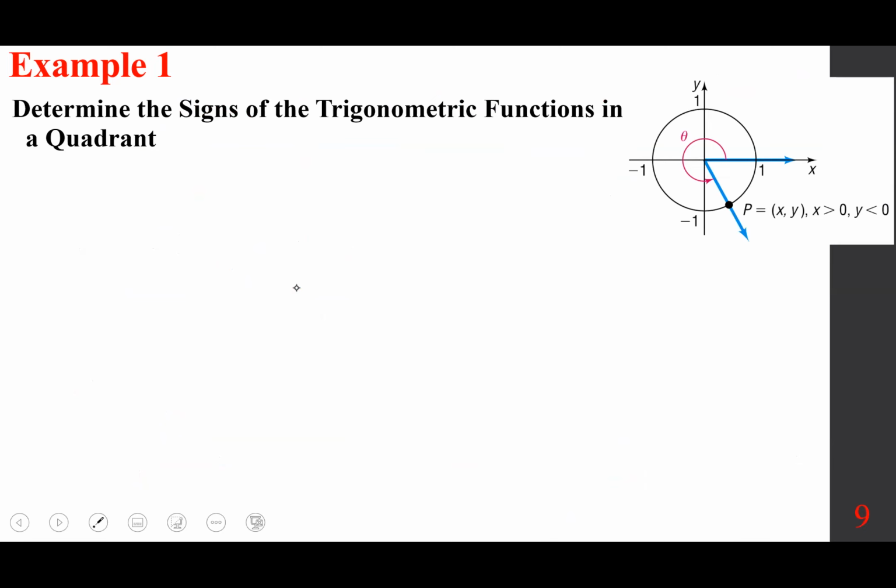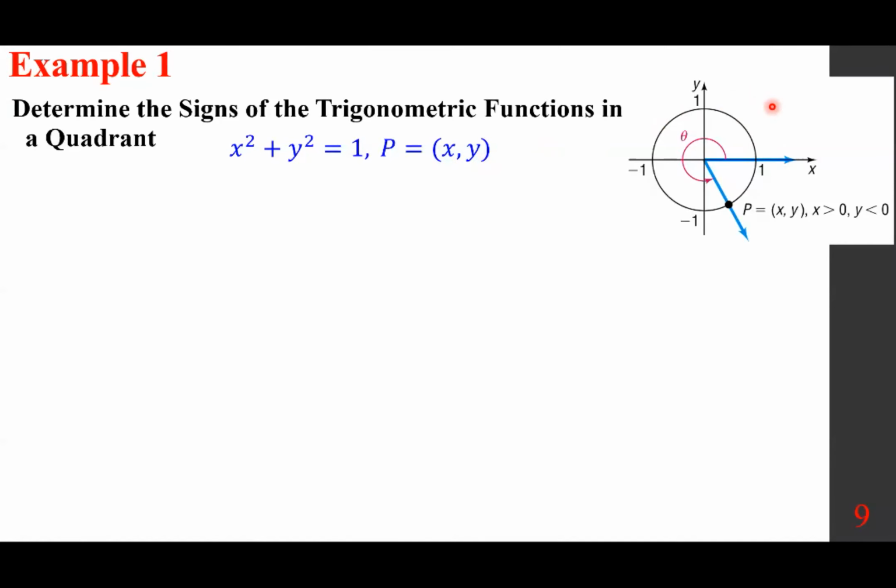Determine the sign of a trig function in a quadrant. Well, it should be pretty obvious. First and foremost, we remind everybody that x squared plus y squared equals 1, and P is x comma y, cosine comma sine. So in the first quadrant, everything is positive, meaning x is positive, so cosine is positive, y is positive, meaning sine is positive.